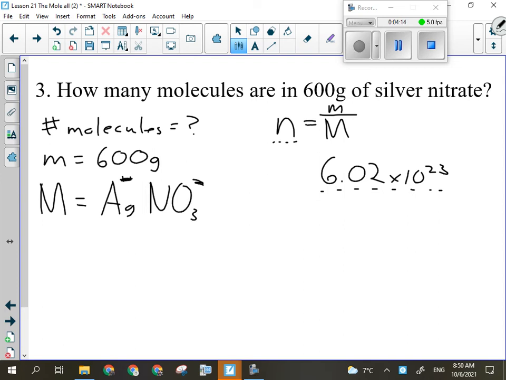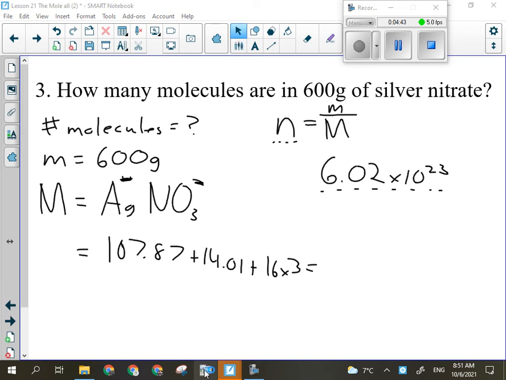Now I just have to calculate my molar mass. Silver's 107.87. How many nitrogens are there? Just 1, plus 14.01. And there's 3 oxygens, so that's 16 times 3. Sorry, I should have fired up my calculator before.